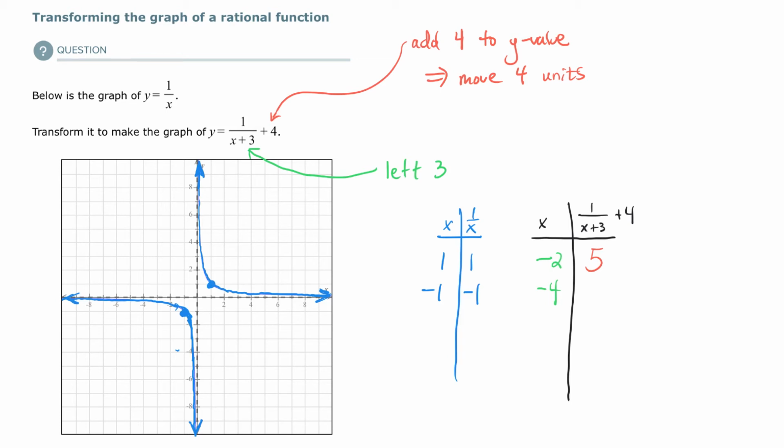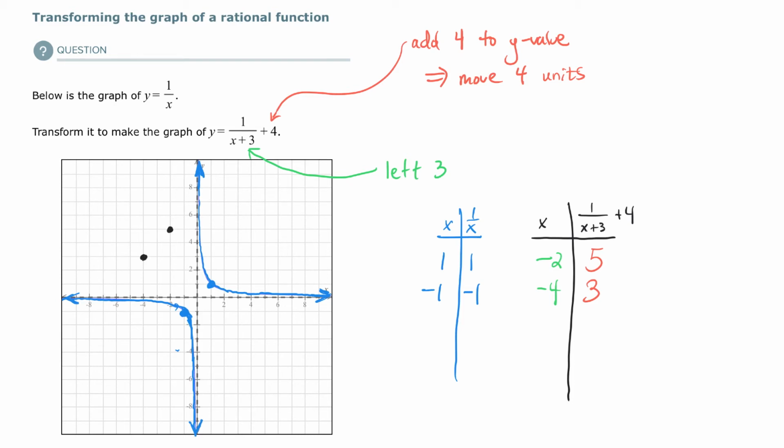The y position there was -1. So if you go up 4 from -1, you're at +3. So we're going to plot (-4, 3). What color should I use? Why don't we use black? (-4, 3) is here. And then (-2, 5) is here.